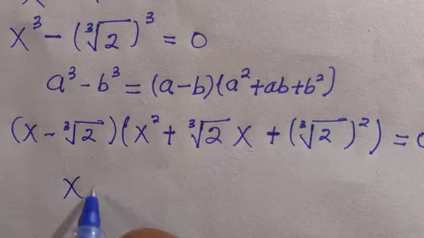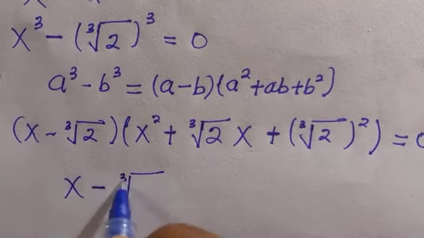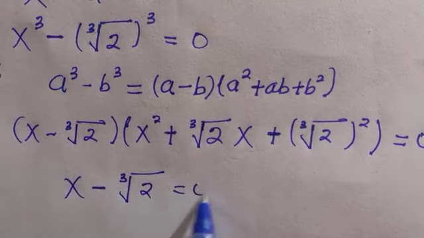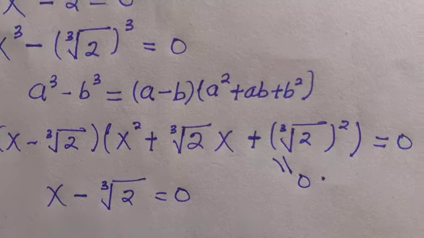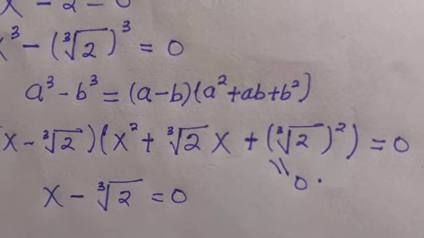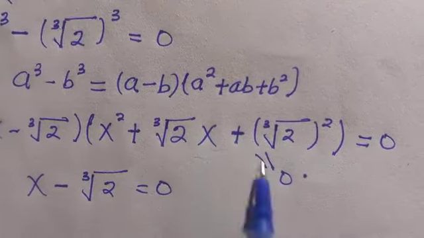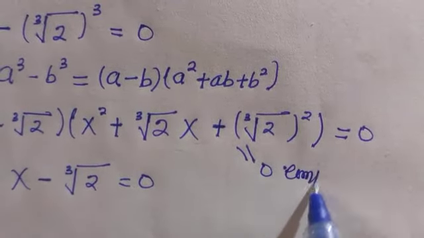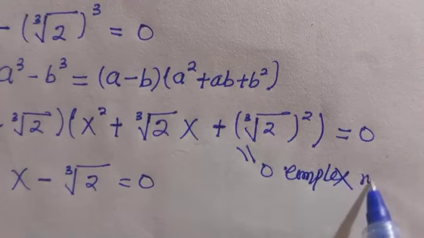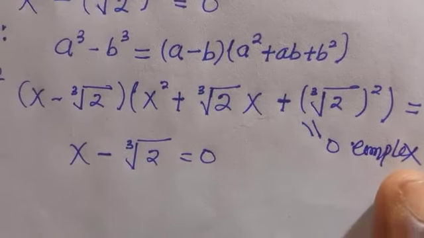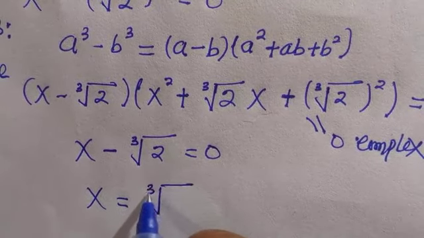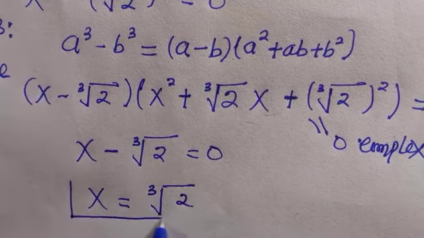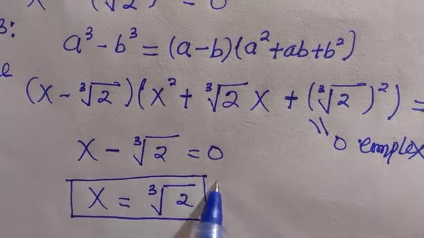But the other one I don't need to do, because what I will get there is the complex root. Though I can try to solve it and get the complex root, let's say I limit myself to only the real value of x. So we are going to ignore that one and deal with x equals cube root of 2. So this is how I got the first value of x.